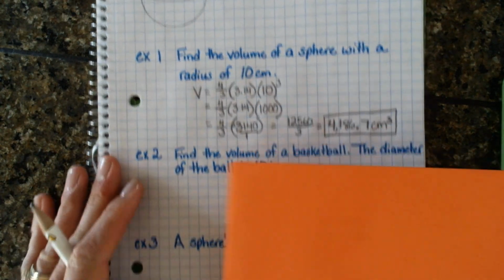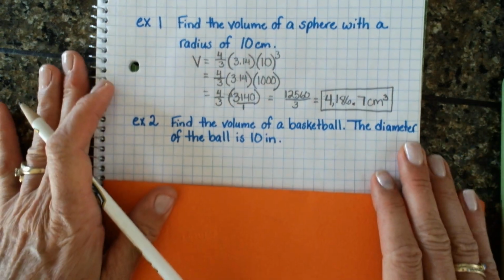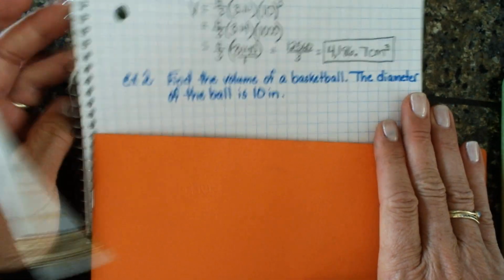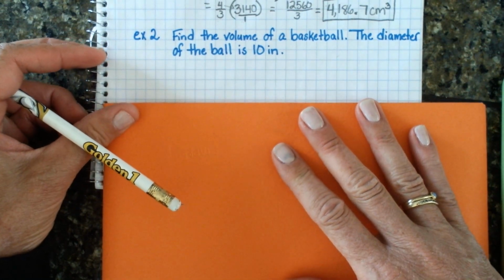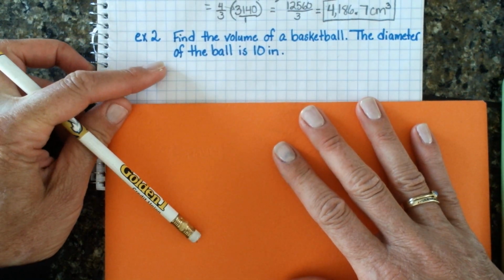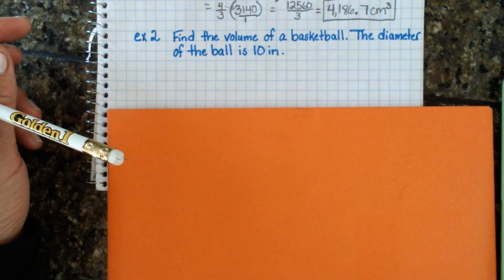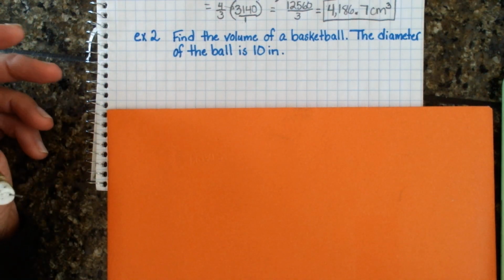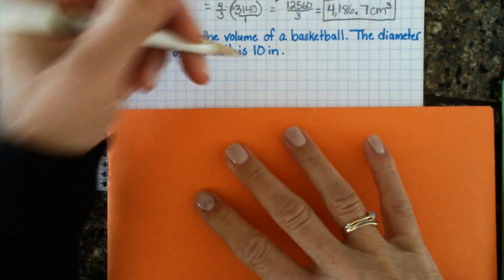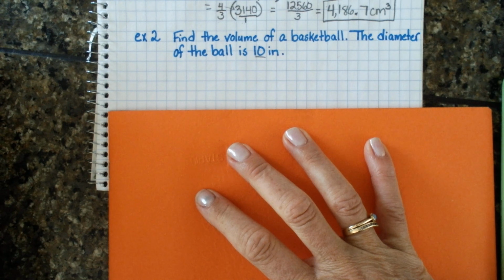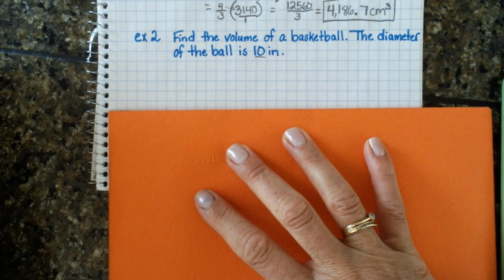Okay, for example 2, we are asked to find the volume of a basketball. And we're told that the diameter of the basketball is 10 inches. That's not exactly precise. The diameter of a regulation basketball, I think, is 9.6 inches, but just for ease of the problem, I rounded it up to 10 inches for our volume.